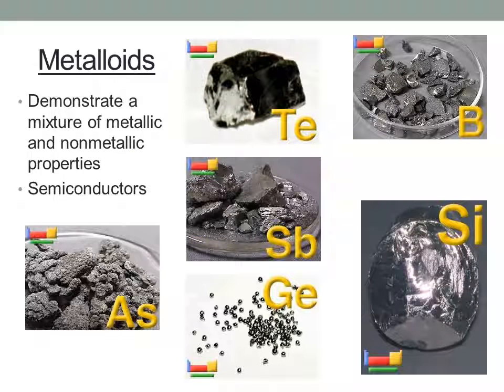Under ordinary conditions, they are all solids. Silicon and germanium are much better conductors of electricity than the nonmetal sulfur, but much poorer conductors than the metals silver and copper. Silicon and germanium and other metalloids are semiconductors.